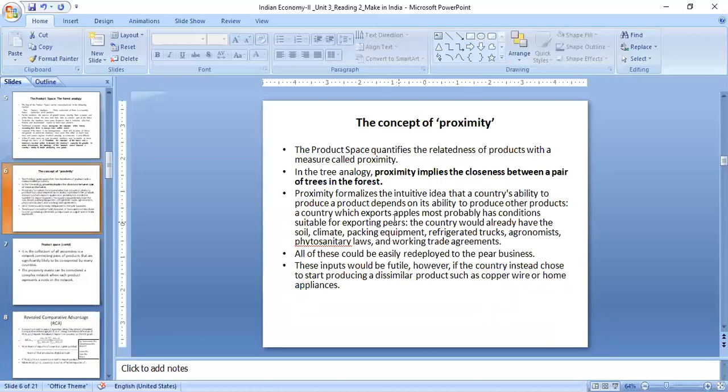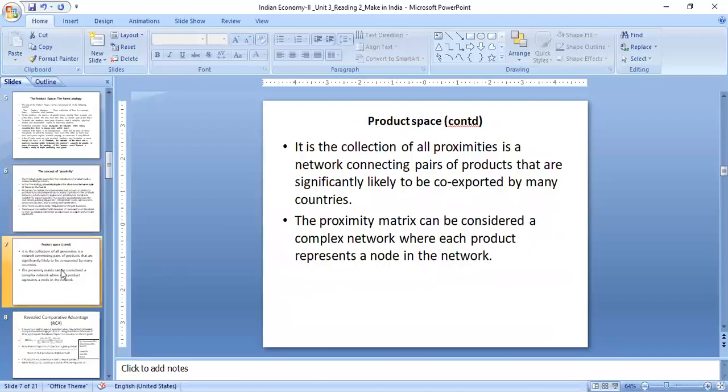Here again there is a similar example: a country which is exporting apples probably has conditions suitable for exporting pears also. However, all the inputs which were being used for apples or pears may be futile when we talk about a very dissimilar product like copper wire or home appliances.